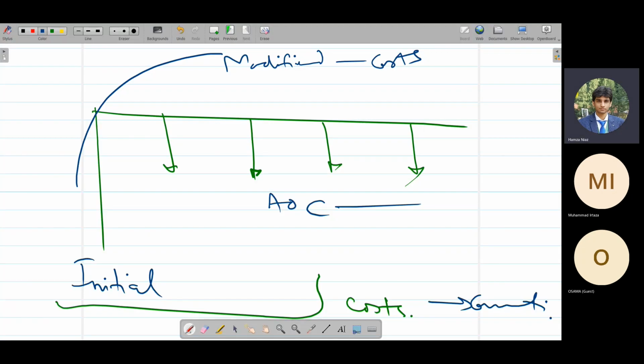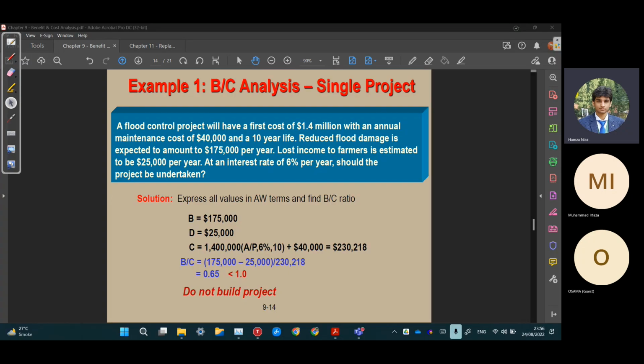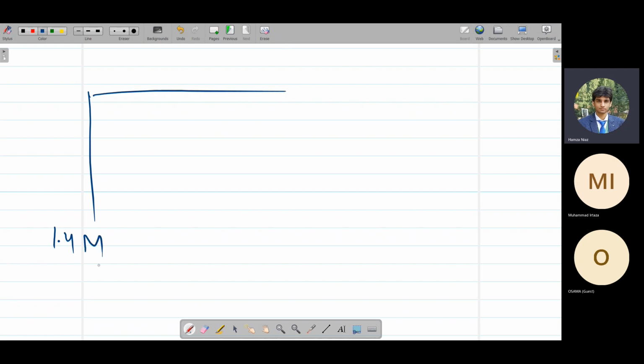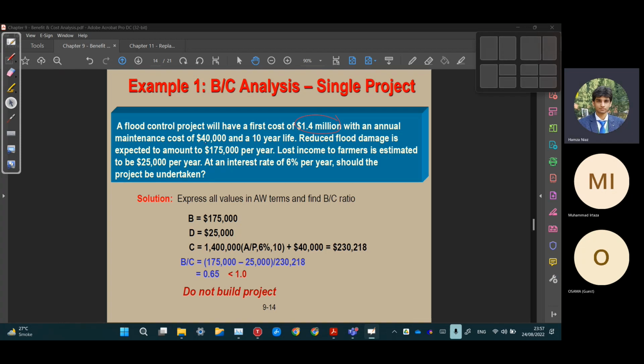So for example, if we move to this example, they are saying that a flood control project will have a first cost of 1.4 million. This is our first cost, 1.4 M. And maintenance costs are 40,000.